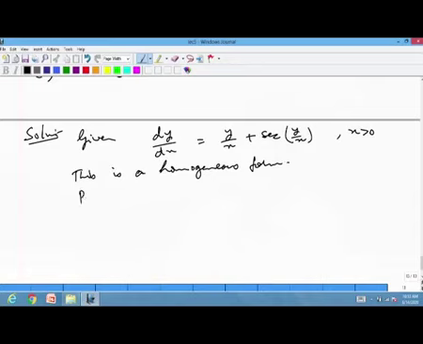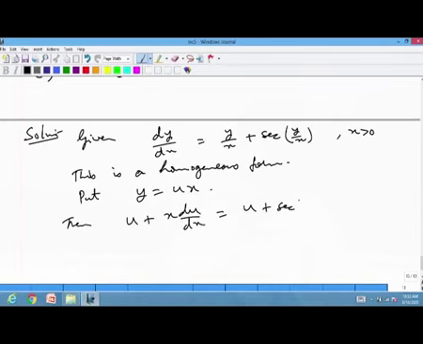So, we put y equal to u x, and then we know that dy dx will be u plus x du dx equal to the right hand side, y by x is u, plus secant of u.